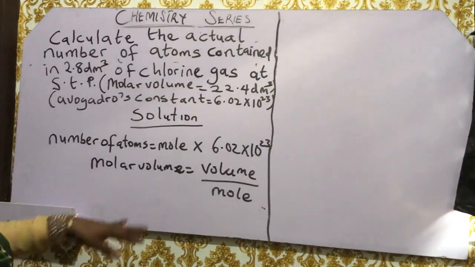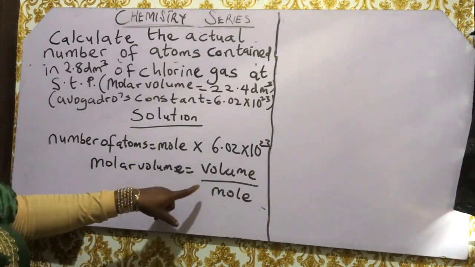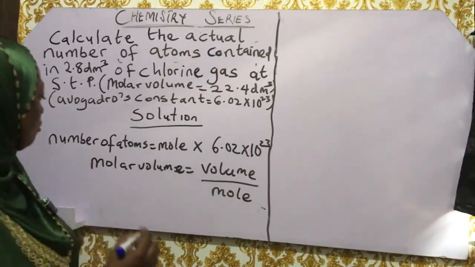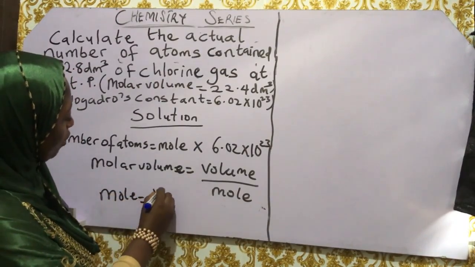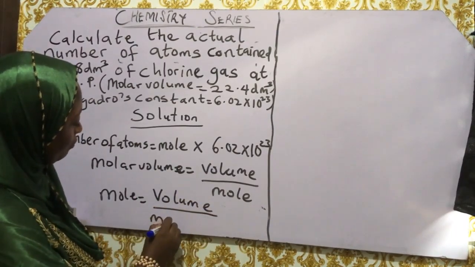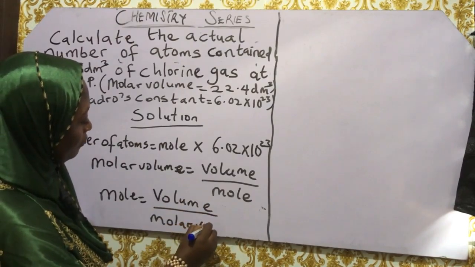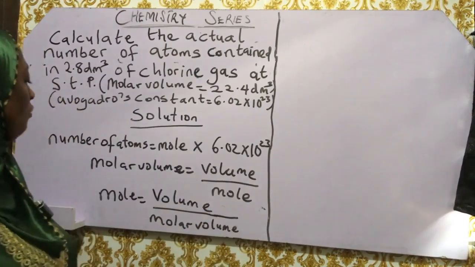So in order to get the mole, we make mole the subject of the formula. So mole is going to be equal to volume divided by molar volume.